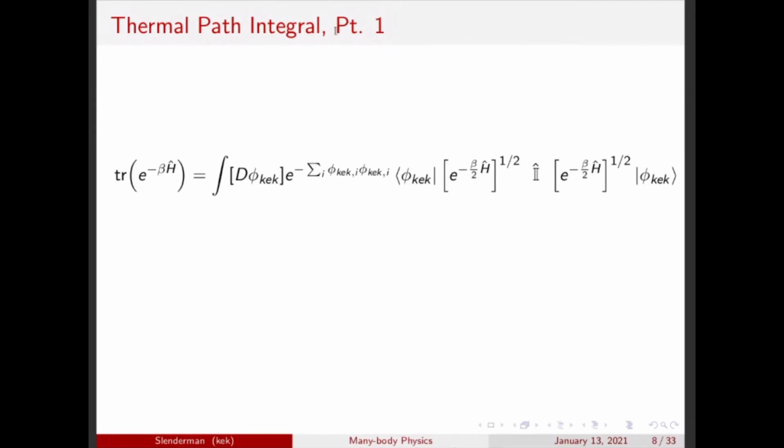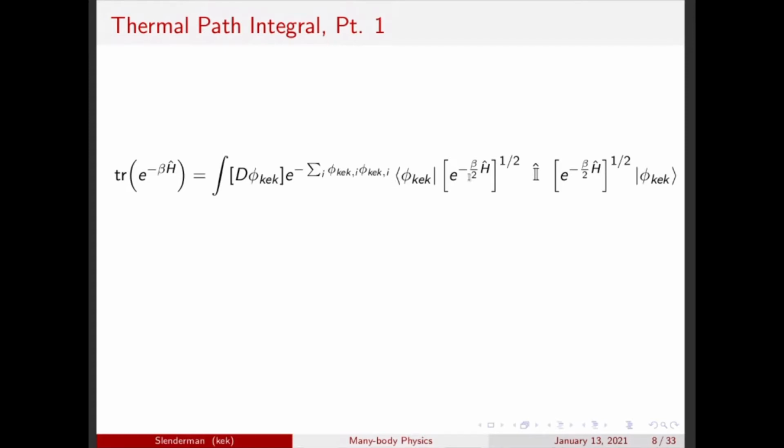But it follows basically the same derivation of the path integral formulation that should have been covered in the seminars a few weeks ago in this series. So let's introduce some fun variable names instead, just to show you that the variable names are arbitrary. I have d phi kek here. I have, again, this overlap term. So instead of 0, I have kek, just to show you the arbitrariness of the labeling.